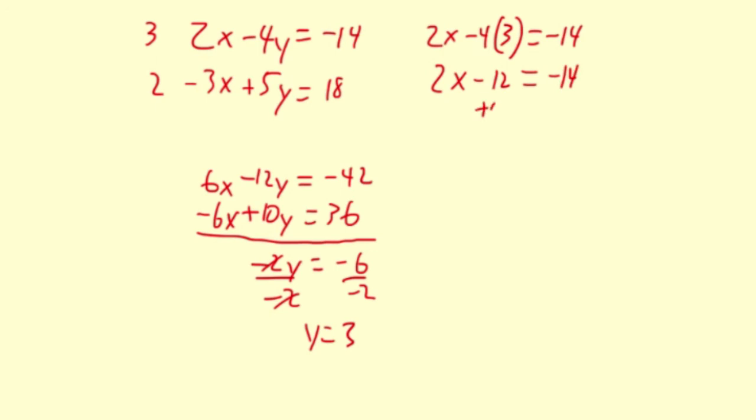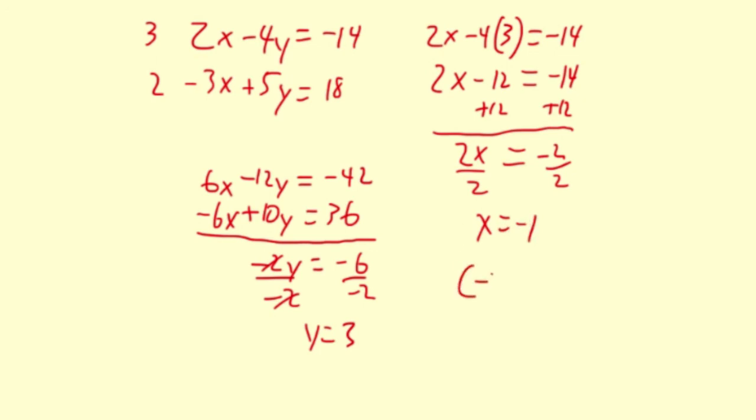Next step, add 12 to both sides. Bring down the 2x. -12 plus 12 makes 0. So then I have equals -14 plus 12, which is -2. Divide both sides by 2. x equals -1. So my solution is x equals -1, y equals 3.